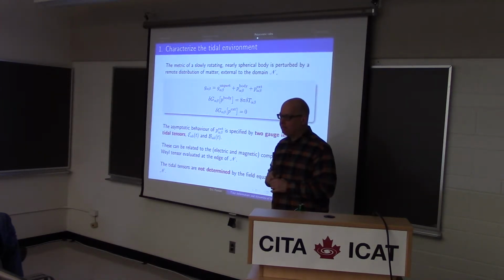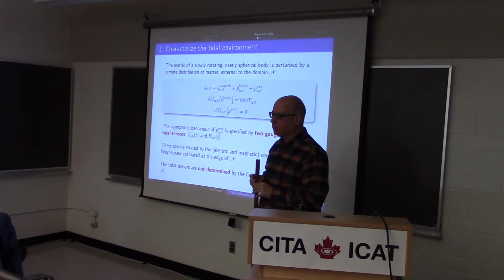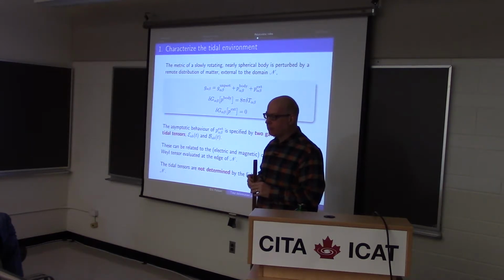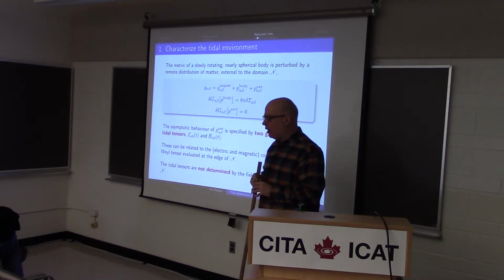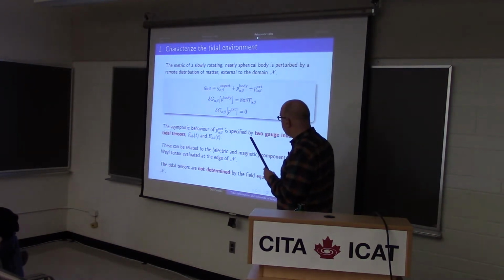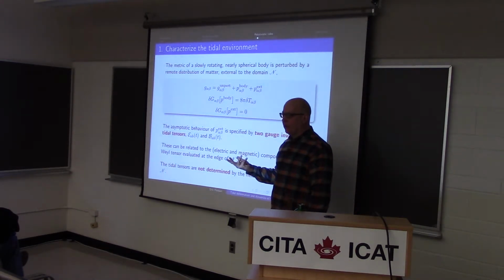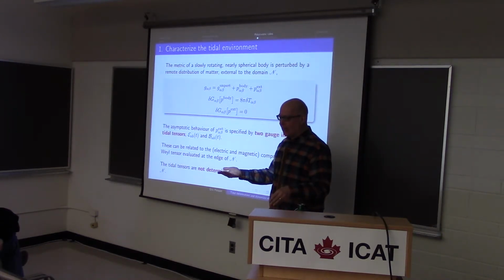So to do the splitting here, you still have to choose a preferred notion of time everywhere. In what sense are these gauge invariant? In what sense do you choose your preferred notion of time in the problem? Well, the notion of gauge invariance I'm using is the one that's really appropriate to perturbation theory, where you start with a background solution in your favorite coordinate system.